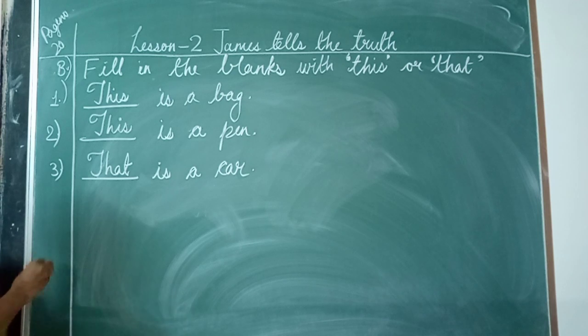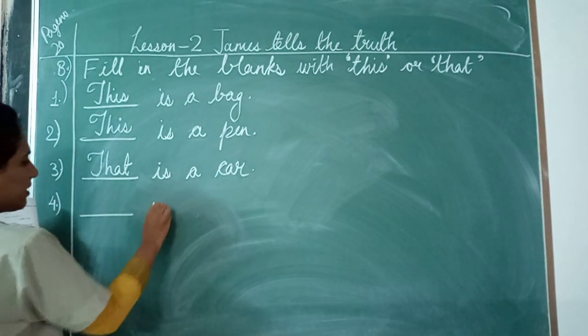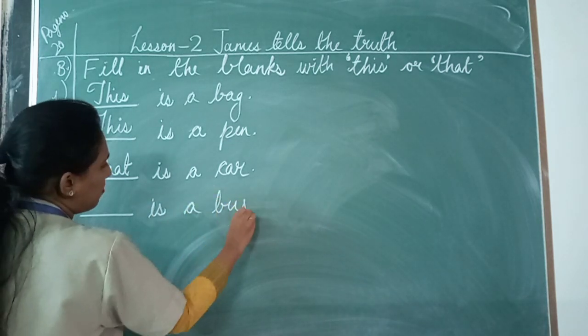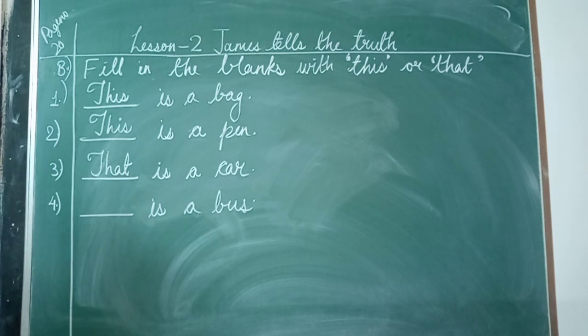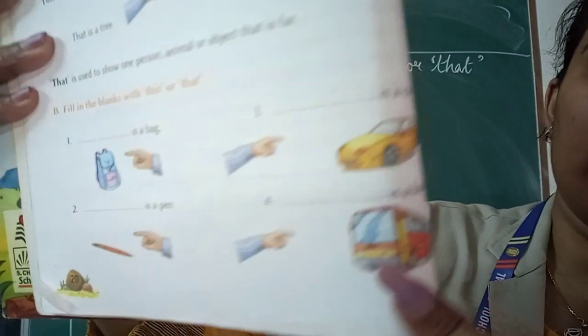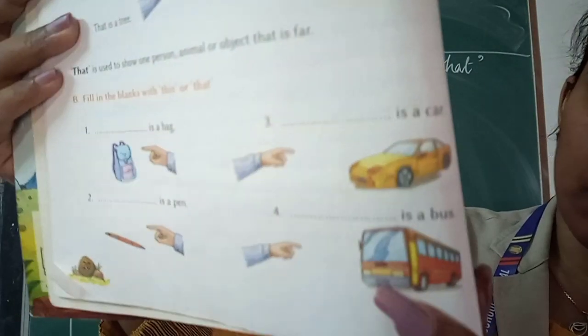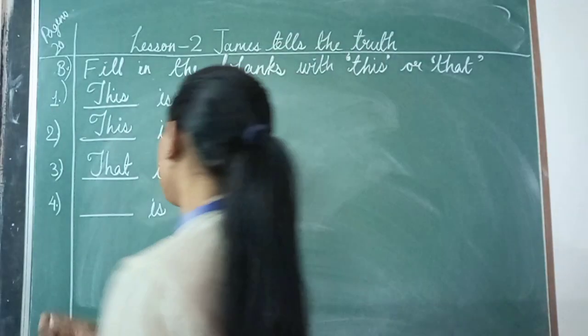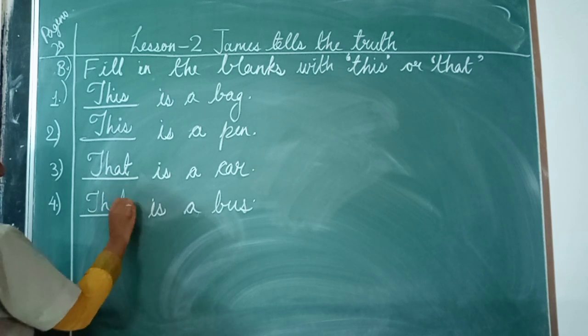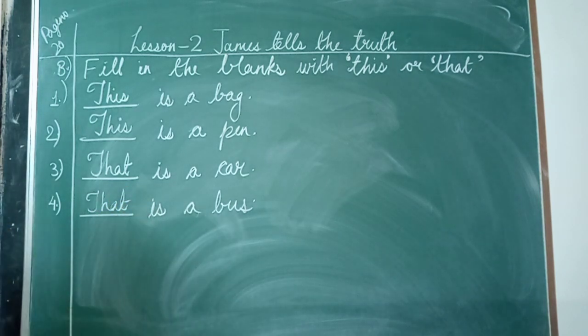That is a car. Fourth one: blank is a bus. Similarly, we will use that here, as the bus is also far from the person and is singular. Is that clear everyone?